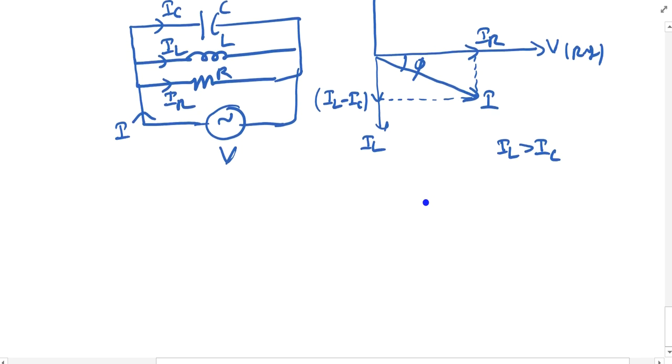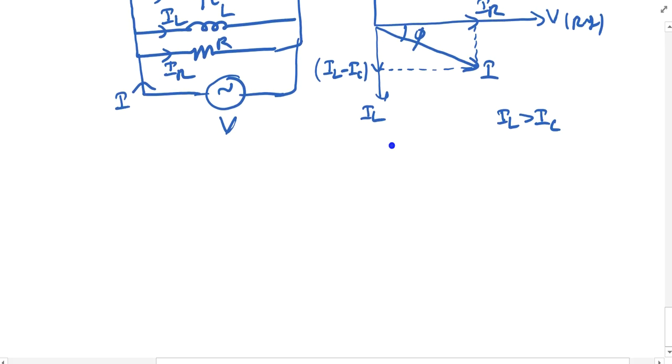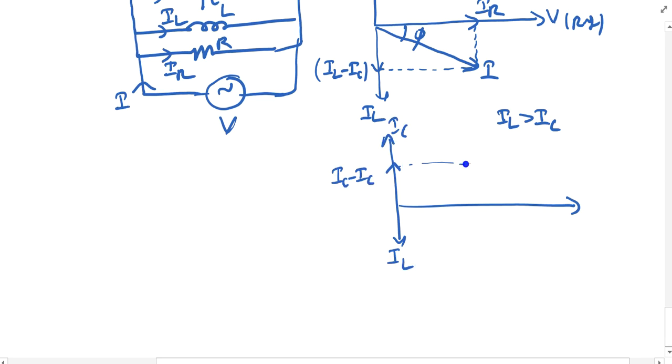If you take that IC is greater than IL, then the equation is different. Now if my IC is greater than IL, then IC minus IL will come, and with my IR, this is the resultant I you are going to get.